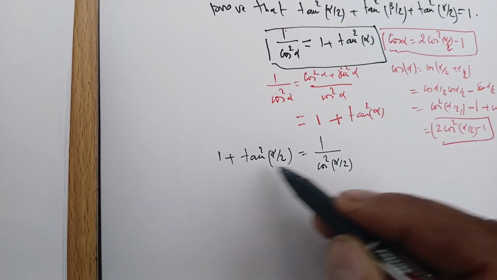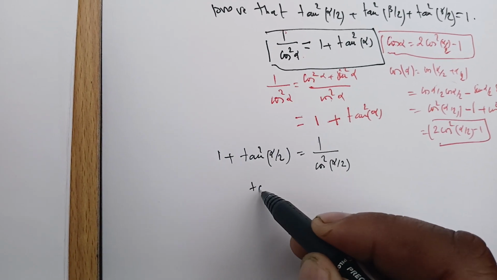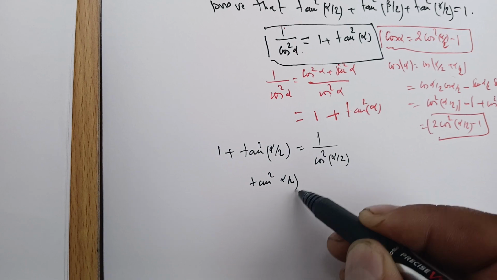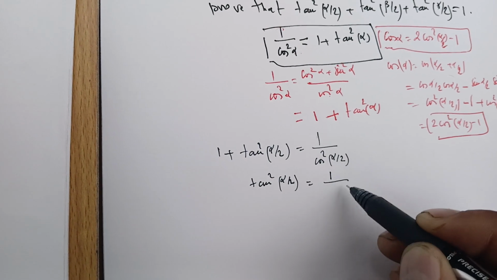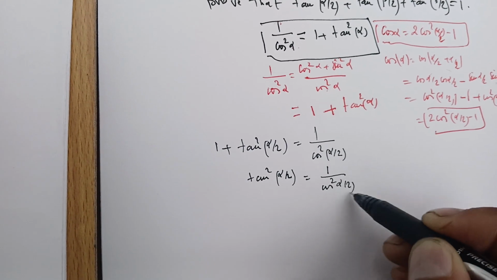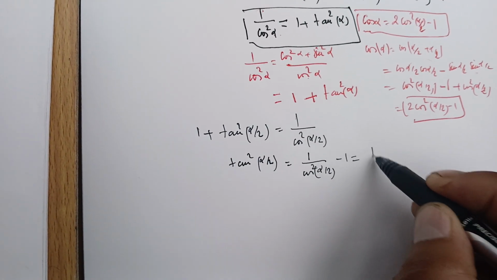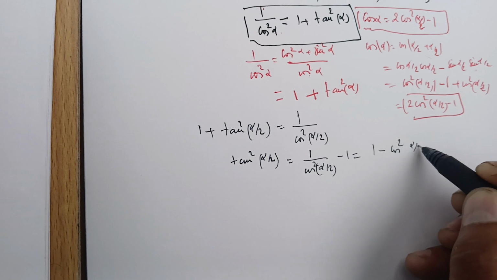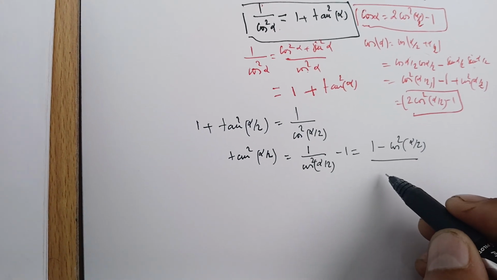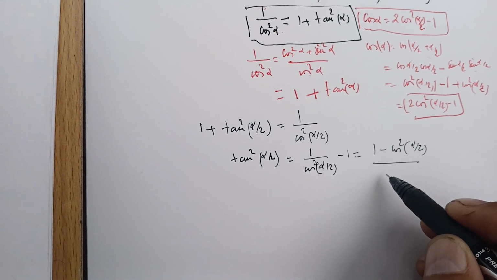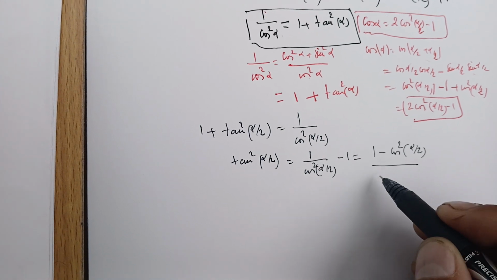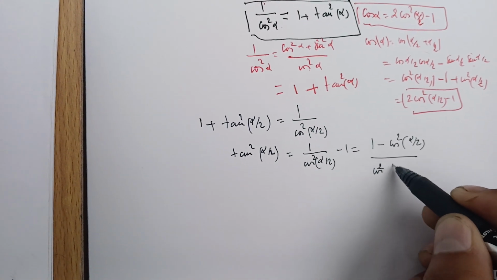So if I put the minus 1 here, I get tangent squared of alpha over 2 is 1 over cosine squared of alpha over 2 minus 1, which I can write as 1 minus cosine squared of alpha over 2 over cosine squared of alpha over 2.